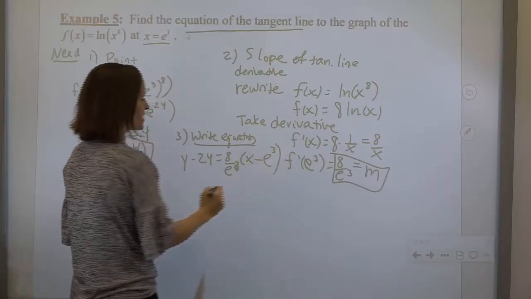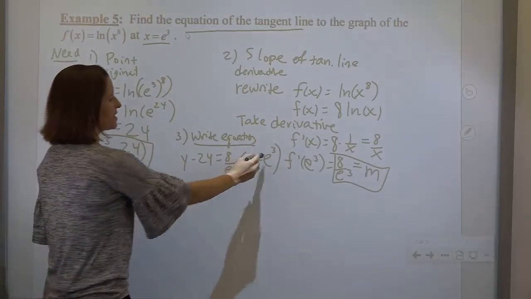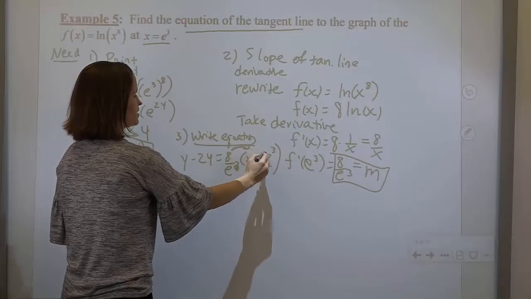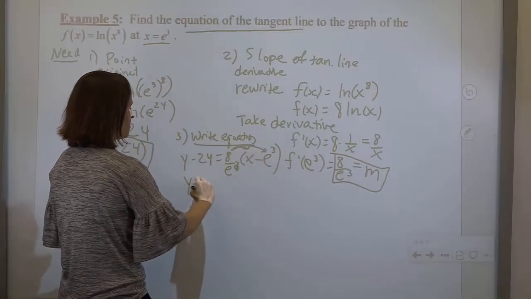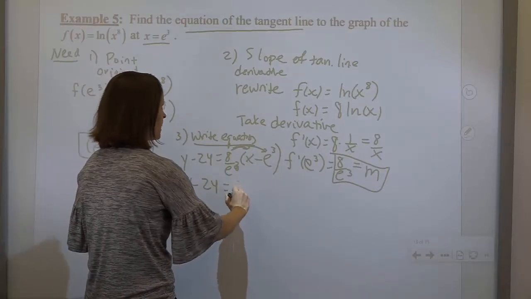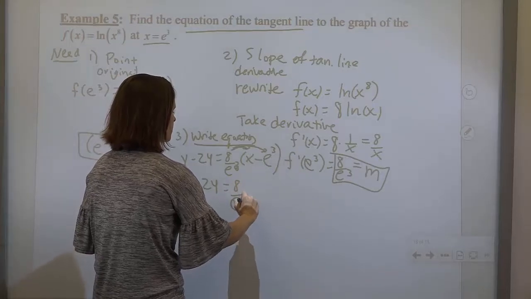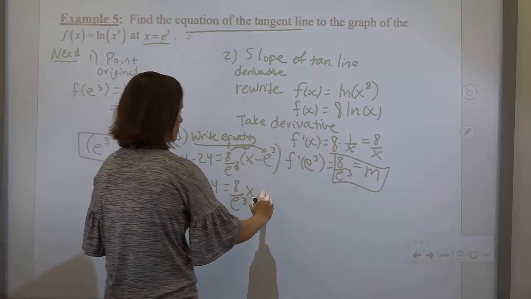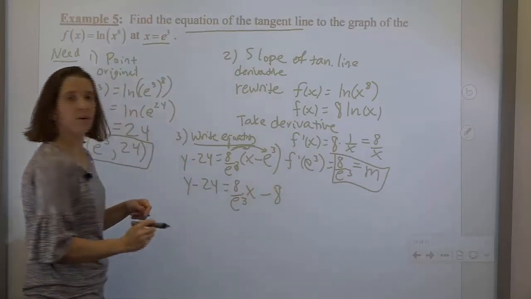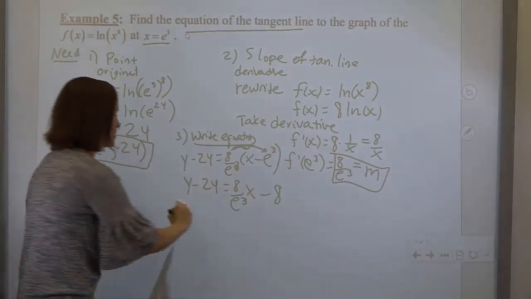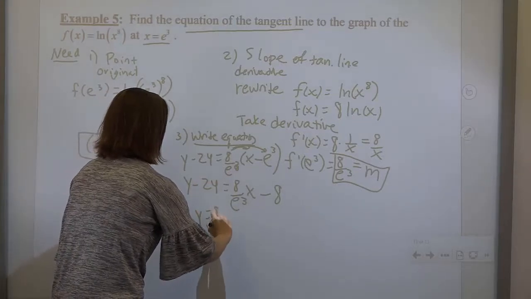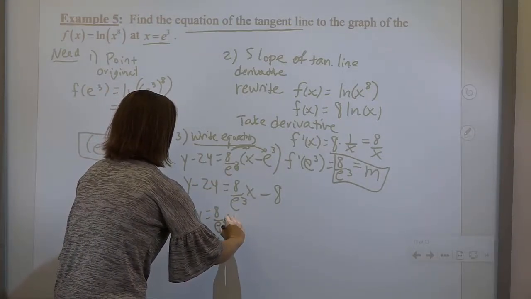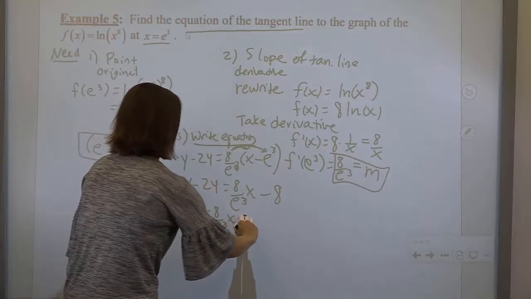And again, this will work out better than you might think because of what happens with these e cubes. So we have y minus 24 equals 8 over e cubed x minus, when we distribute the e cubes will cancel and we just get an 8. So last step is to add the 24 over. And so we'll have plus 16.